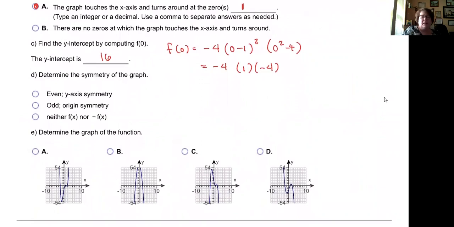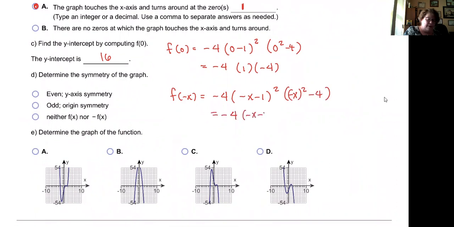Then it asks me about symmetry, and to determine symmetry, I evaluate the function at negative x. So I get negative 4 times negative x minus 1 squared times negative x squared minus 4. That's going to be negative 4 times minus x minus 1 squared. Negative x squared is x squared.